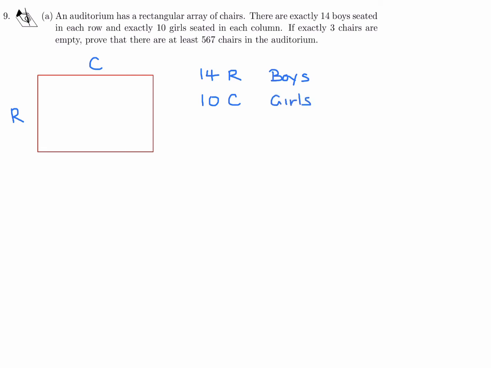And then there's 3 empty seats. So this is the total number of seats: 14R plus 10C plus 3. Now, if you just look at this rectangle, the number of seats is going to be R times C.